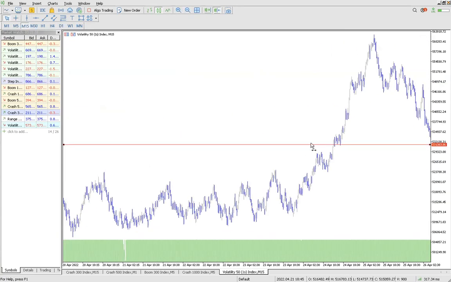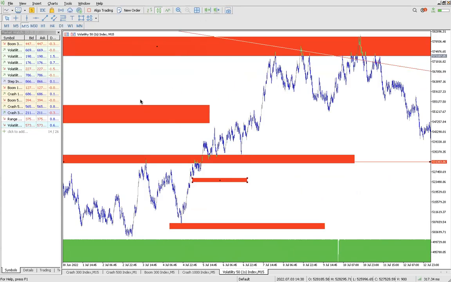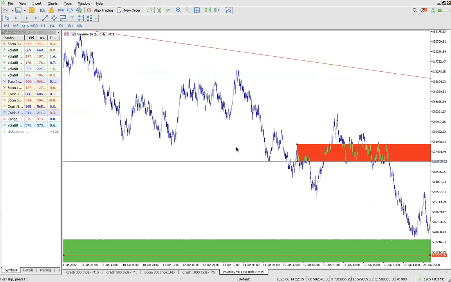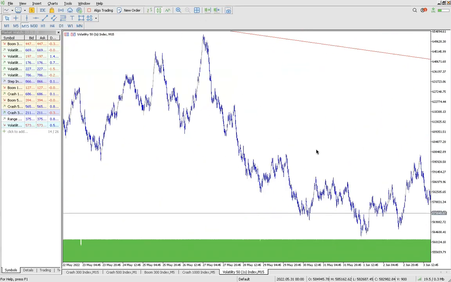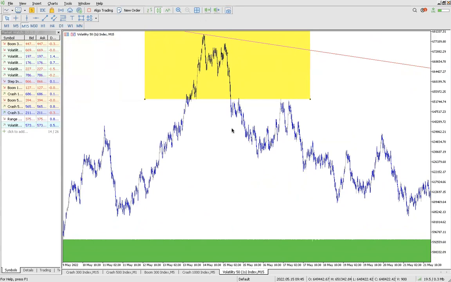So let me scroll back. Okay, this was the analysis that we were doing that time. Let me do this. Right. What I can actually see was here.